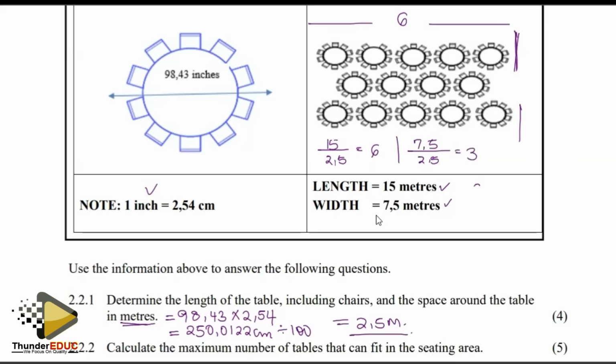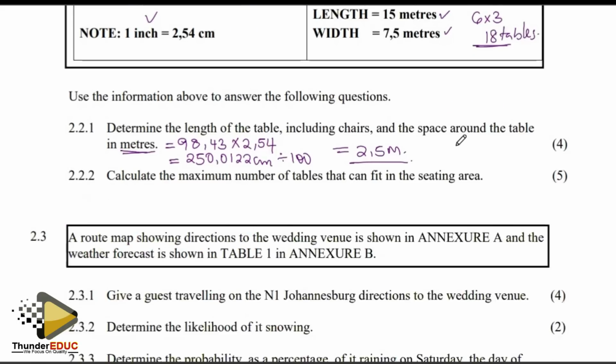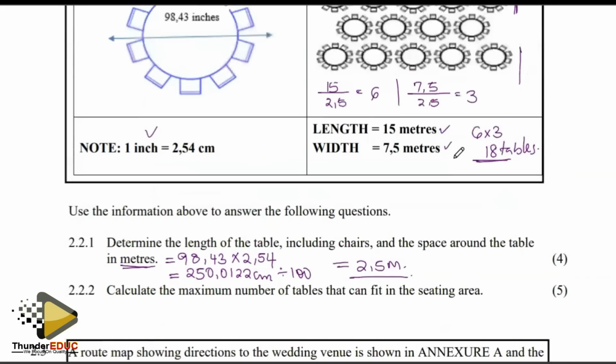So, all in all, we have 6 times 3, and the answer becomes 18 tables. 18 tables, 5 marks. First and foremost, you analyze what you're supposed to look for, then you come with a conclusion.